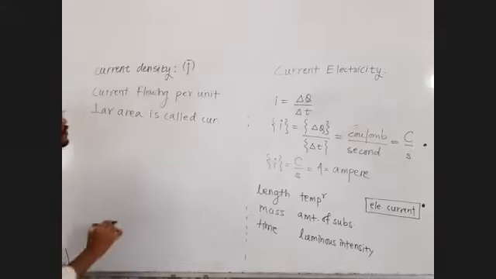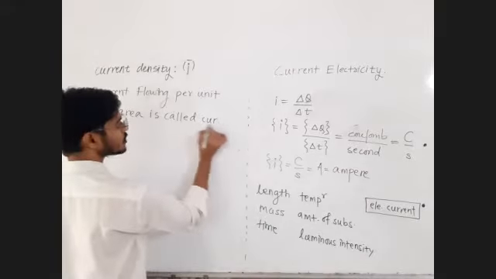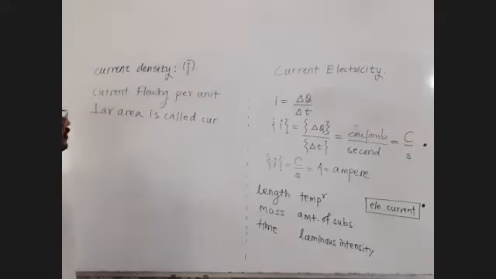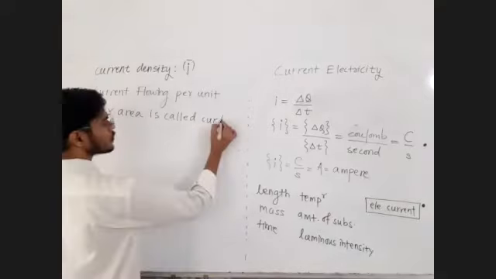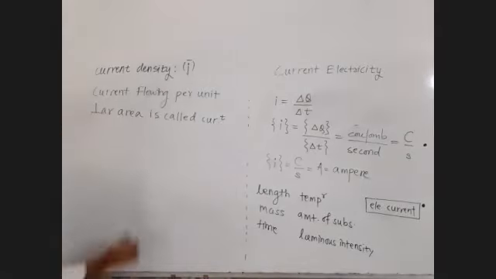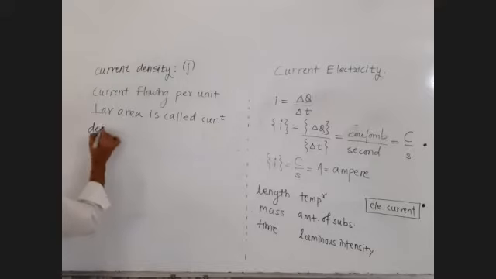Here onwards for current I will be writing CUR as a short form, and for density, DEN is also enough. Current flowing per unit perpendicular area is called current density.